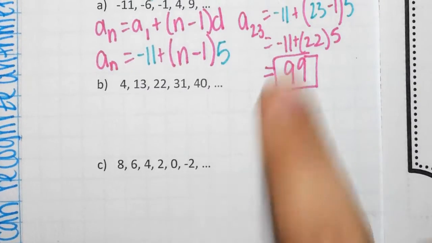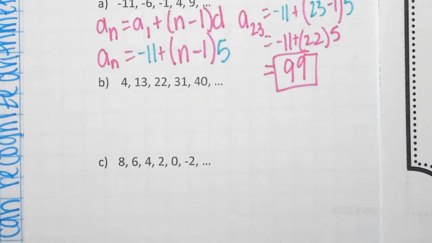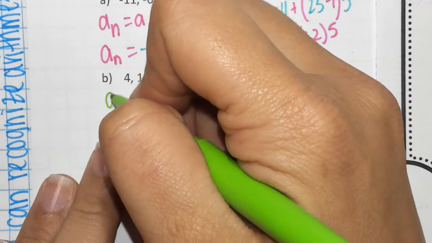Alright, so now I want you to write the rule for B. See if you can do it. Just the rule.